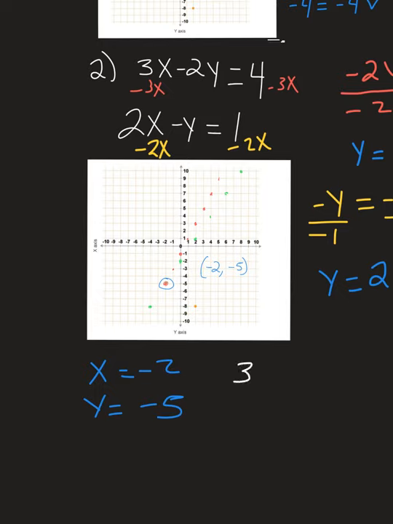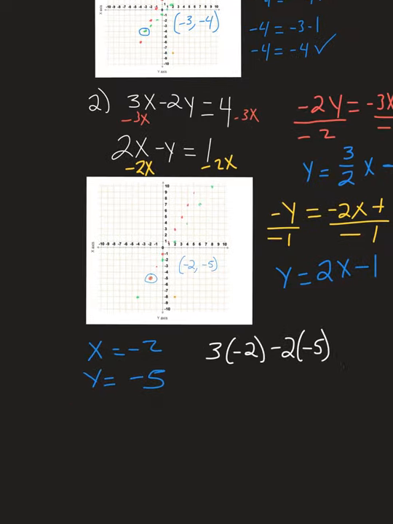So we're going to have 3 times negative 2 minus 2 times negative 5 is equal to 4. How I got this was I am just plugging x and y into one of our original equations to make sure it's true, right? I plugged in negative 2 for x, and I plugged in negative 5 for y.